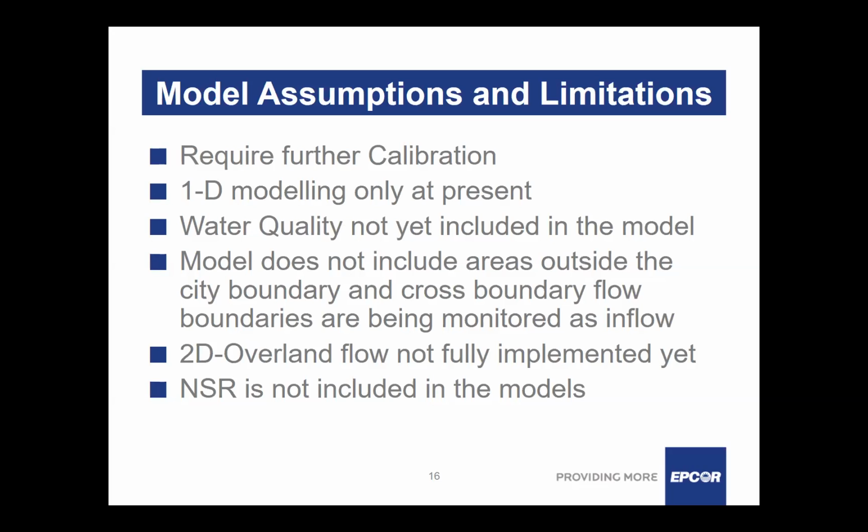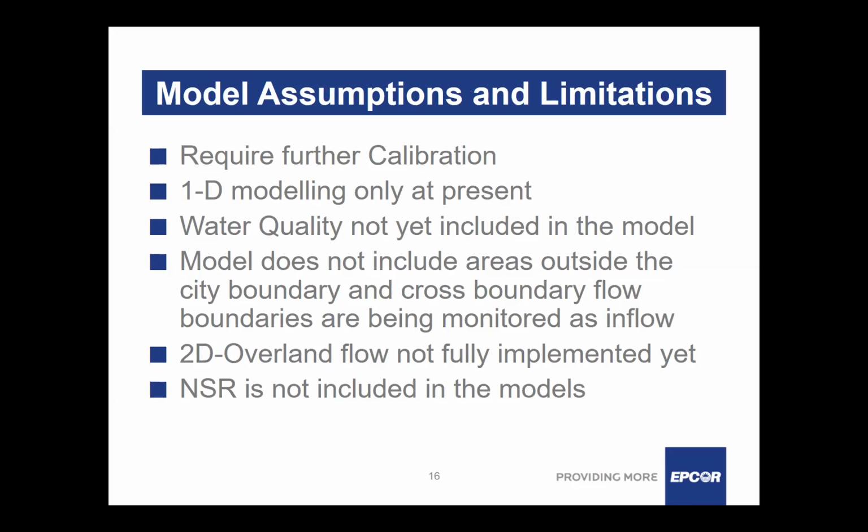So what do we have and what don't we have? The models need further calibration, because we've developed them, and due to lack of flow monitoring we're going through and recalibrating, and as we all know, models are not perfect. They need constant work.